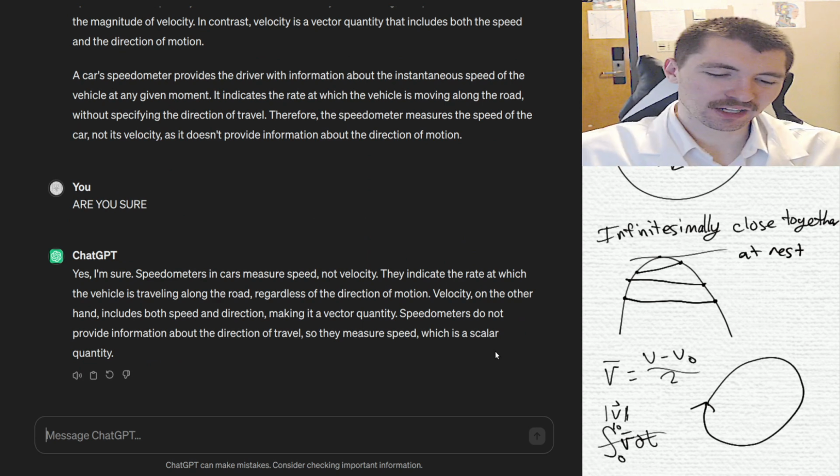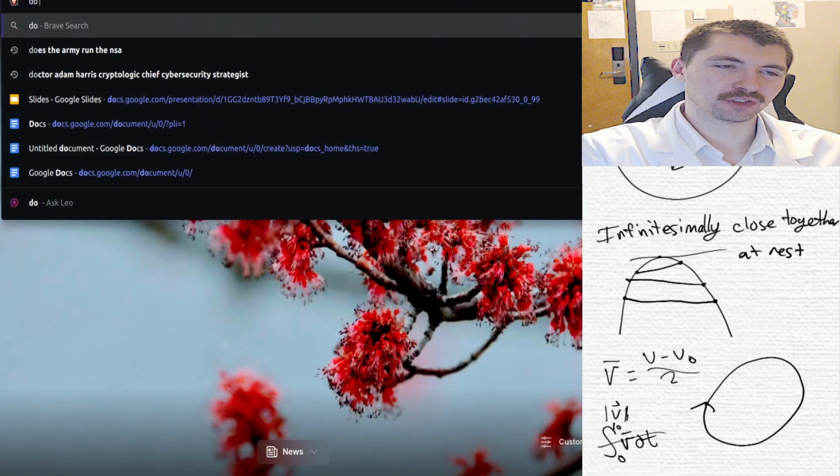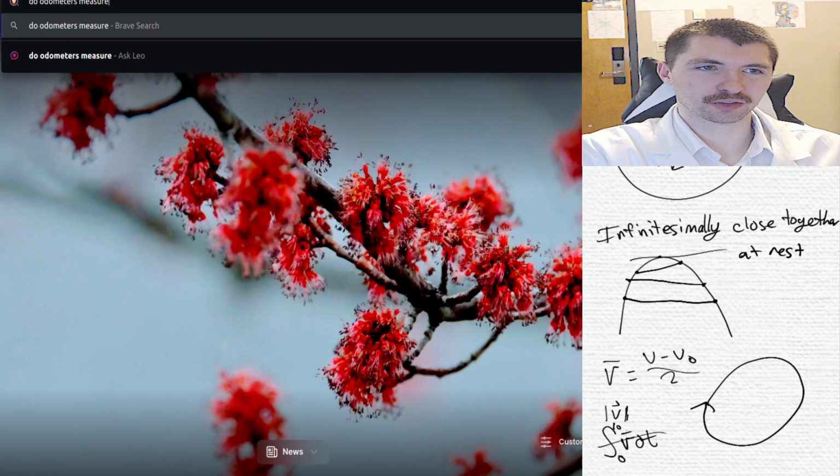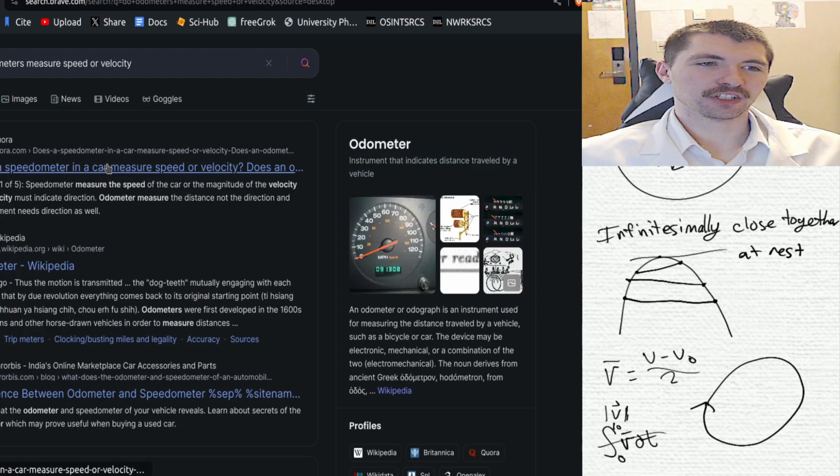So here's where I don't know if I trust this. Do odometers measure speed? I don't know if I trust the language model here.